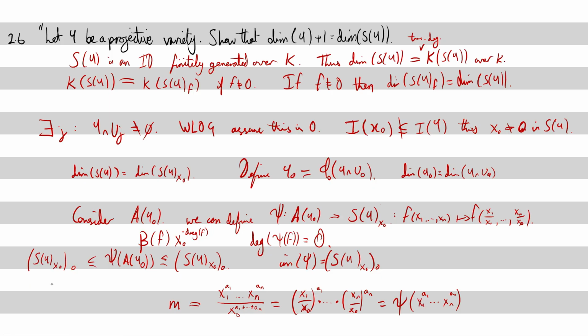A function is injective if and only if its kernel is 0. And we are essentially multiplying our f by something which is non-zero in an integral domain. Therefore, the kernel of psi is going to just be 0, which gives injectivity.